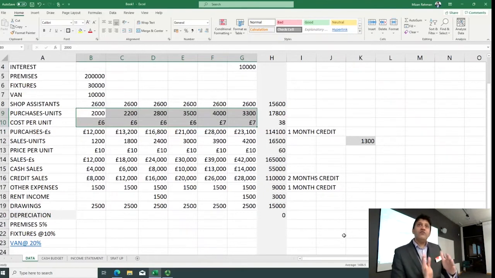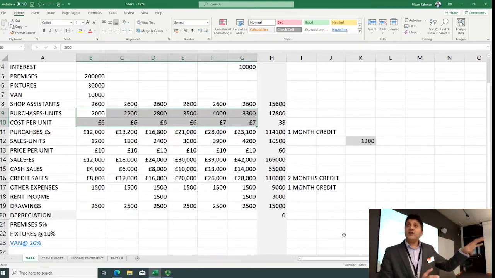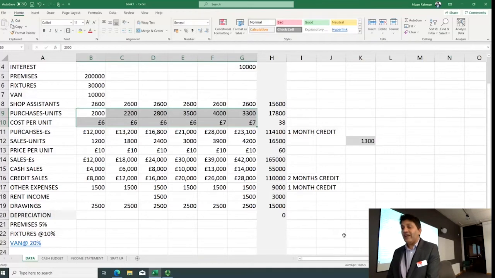That means firstly we bought 600 units at £6 per unit, and then we bought units at £7 per unit. So assume that the one we bought first was sold first, and therefore the valuation should be done on the basis of the one we bought at the end. This means that we should value this stock at £7 per unit.